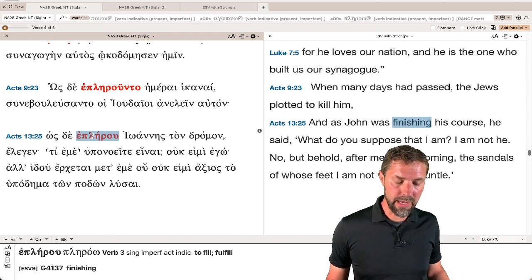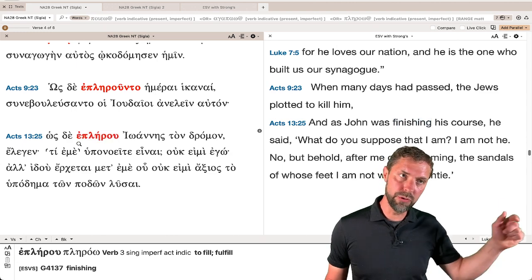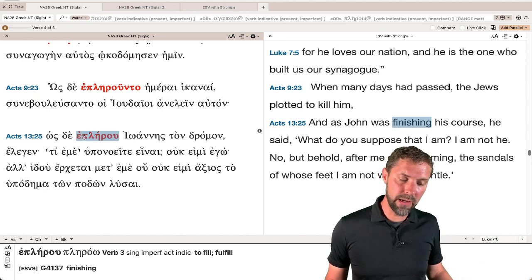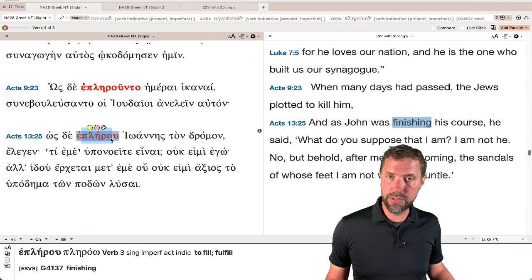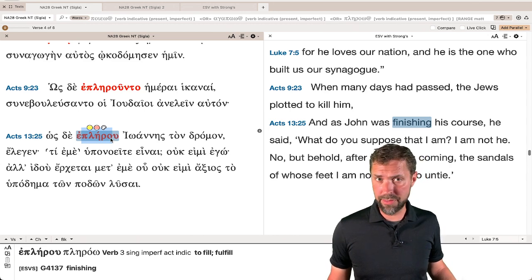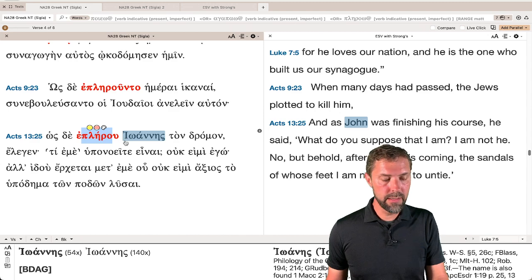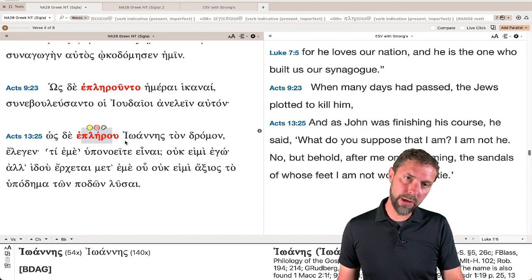This is the imperfect active indicative third singular, so nu sigma blank, that spot. Okay, so I'm expecting something like augment, plerao. Okay, so far so good. And then when we saw it before, we had an epsilon there. What I've got here is omicron upsilon. Okay, so what's happened? And that's essentially what we're working through in this lesson.